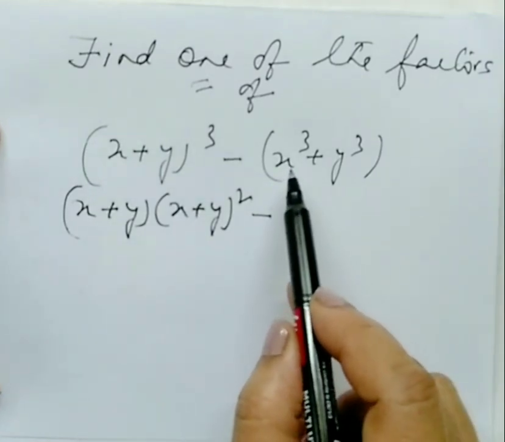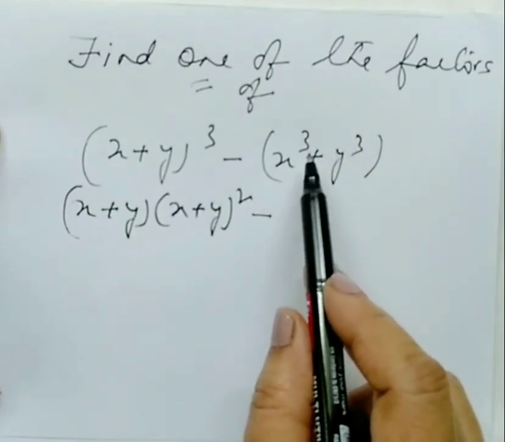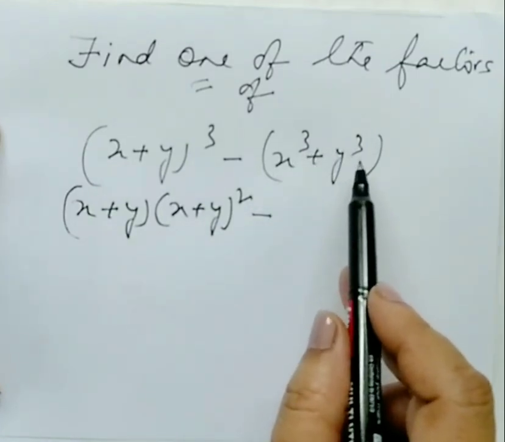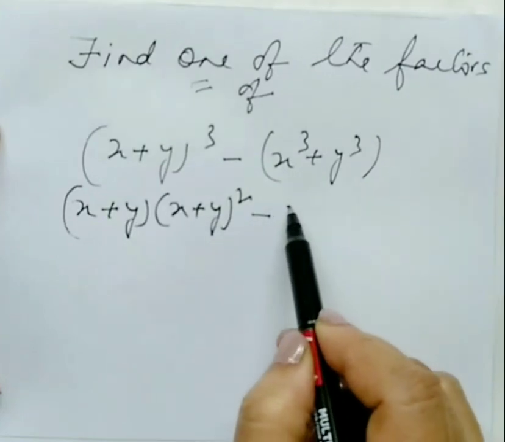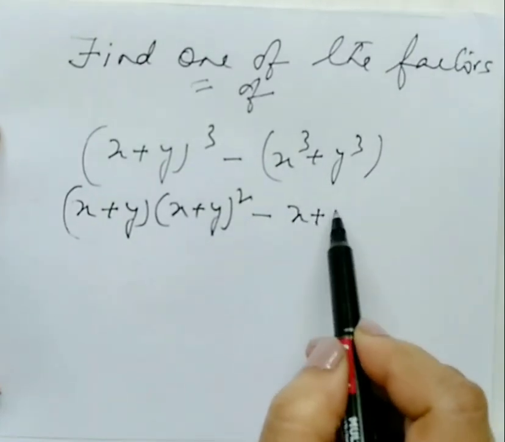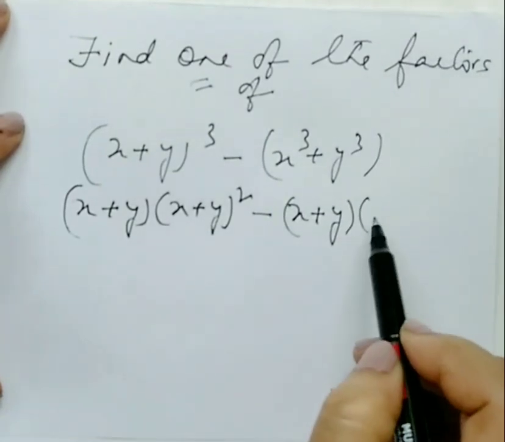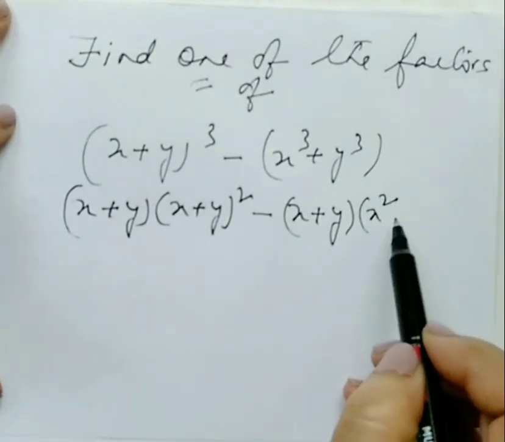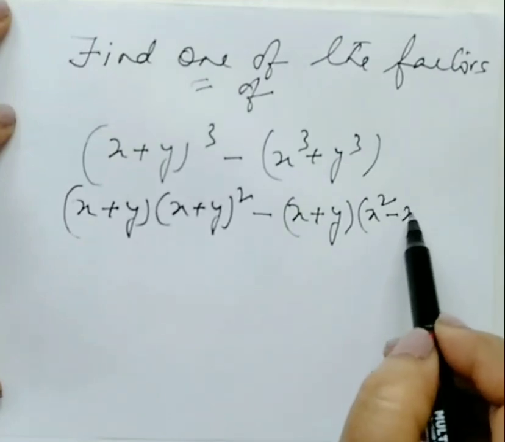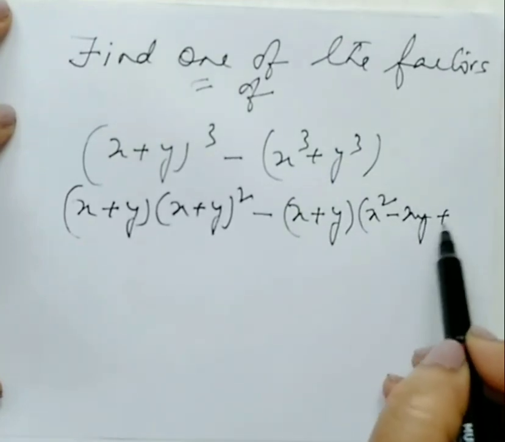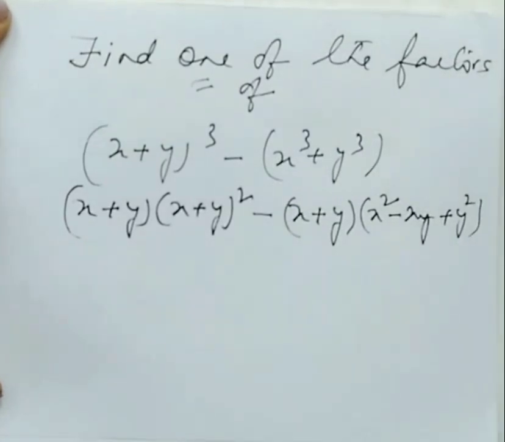Here, when you factorize this x cube plus y cube, if you will recall, we write it as x plus y here, and then the other one is x square minus xy plus y square.